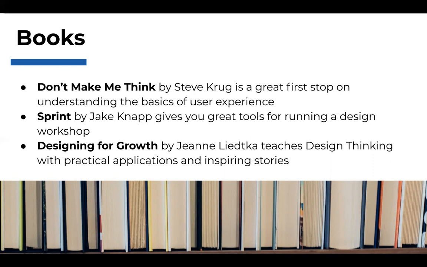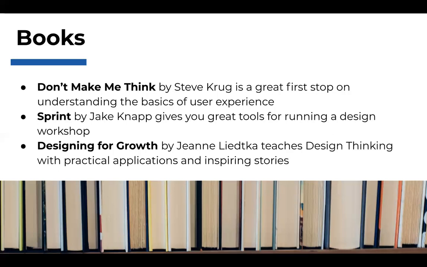The next two, Sprint and Designing for Growth, are really books about how we can run workshops and how we can use tools like personas or user research tools like surveys and interviews to make impactful applications. Sprint is something primarily founded over at Google, and the design sprint methodology. If you Google design sprints, you'll find a great website on all their tools.